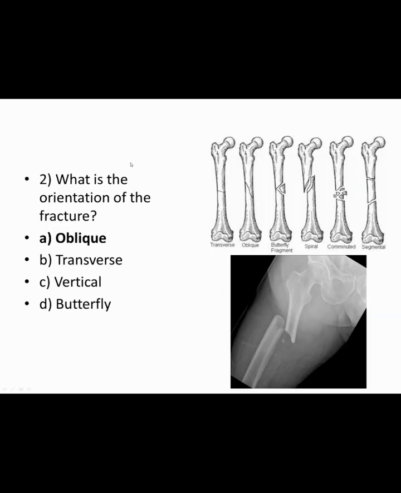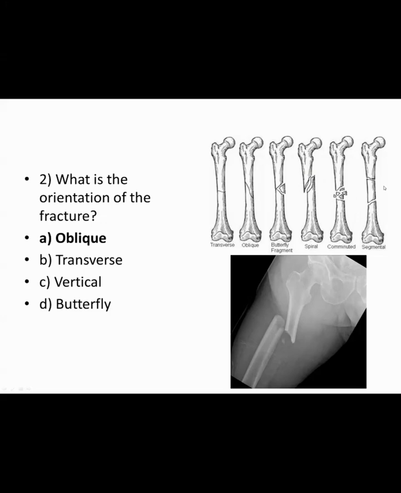The second question is, what is the orientation of the fracture? These are some pictographic examples of how we classify the orientation of a fracture. For instance, we have transverse, oblique, a butterfly segment, a spiral fracture, a comminuted fracture, as we can see many pieces here.